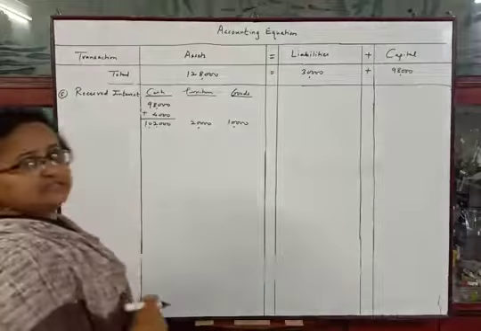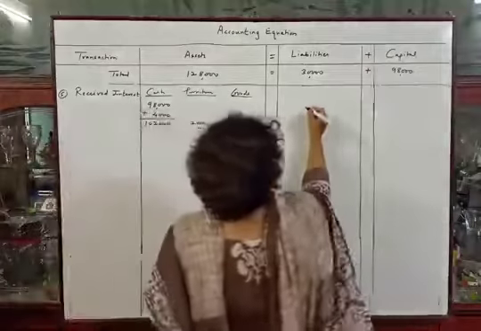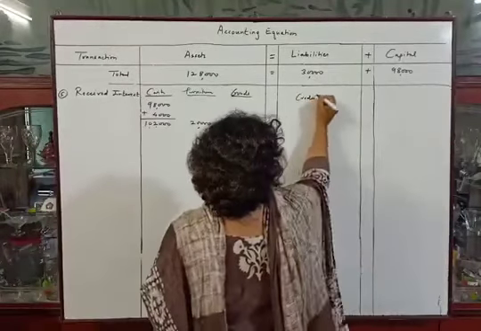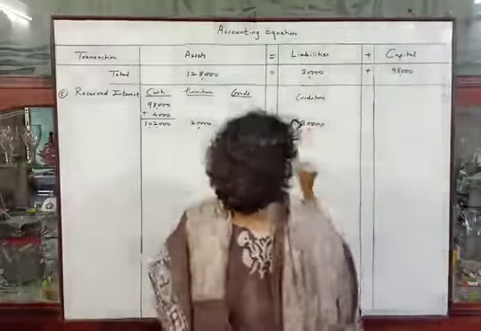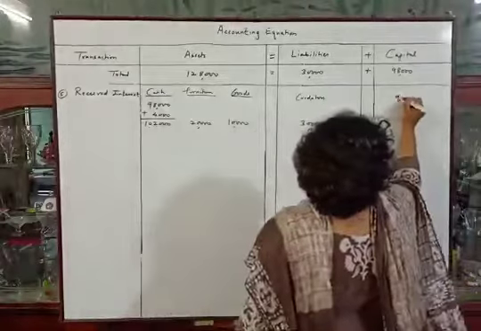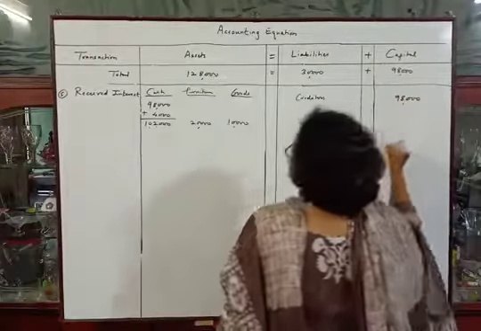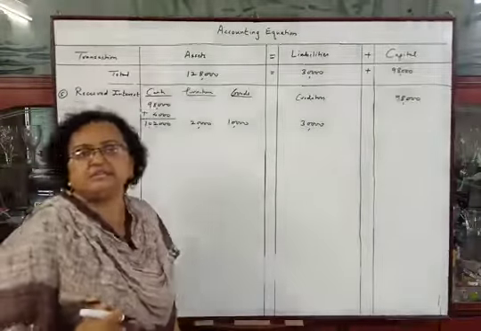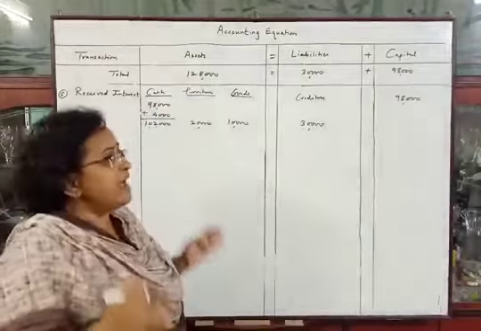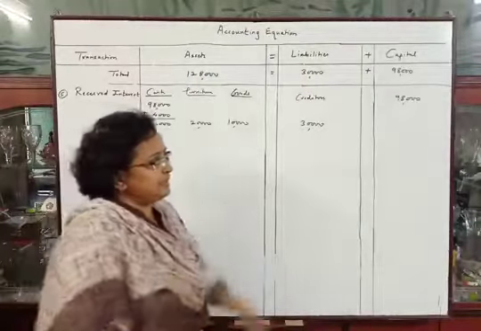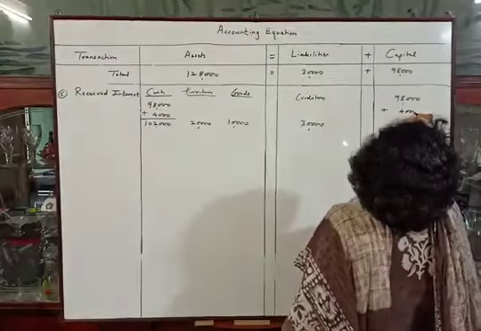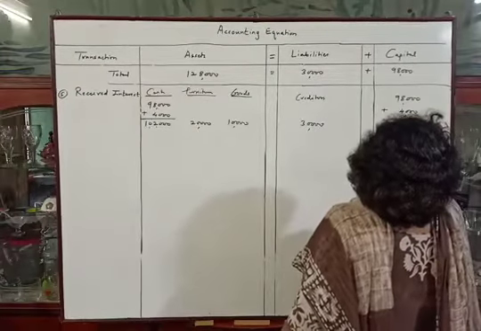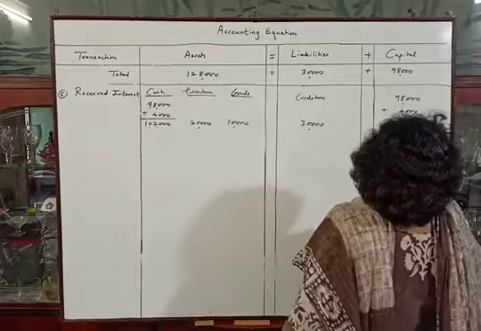They will remain as it is. Now the liabilities that is creditors will remain as it is, that is rupees 30,000. And now the capital. Our capital was rupees 98,000, but when we receive interest, the interest will be our income, and income should be added always in capital. So we will add rupees 4,000 in this capital. So the total will be 1,02,000.